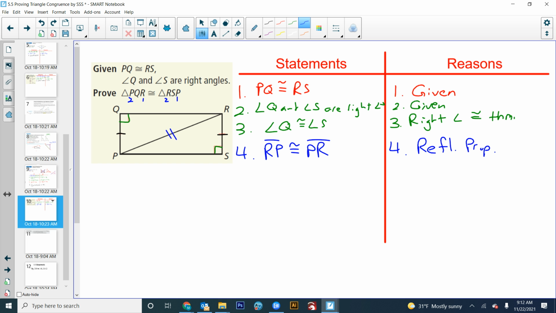Not SAS. HL. Triangle PQR is congruent to triangle RSP by HL. Now again, even though we practiced it a few times today, don't overuse it. It's not going to happen too often.